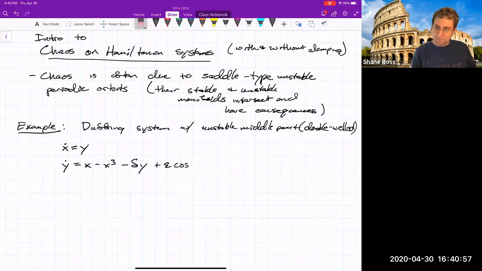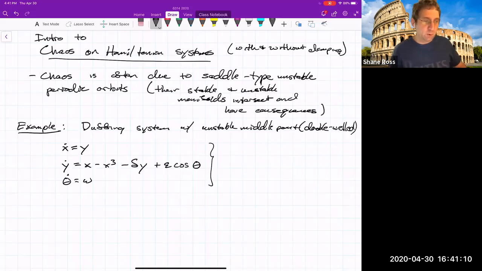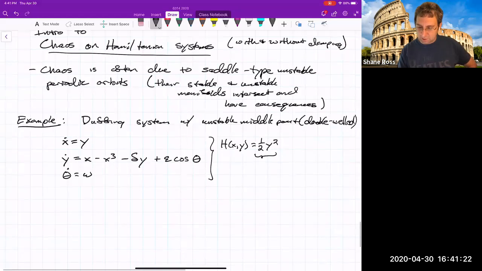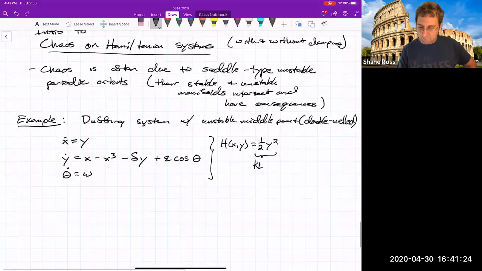Last time we had introduced theta, and then theta dot equals omega. So this looks like a system that comes from a Hamiltonian, but with damping and forcing added, where the Hamiltonian function looks like 1/2 y squared. y plays the role of momentum, so this is like a kinetic energy term.